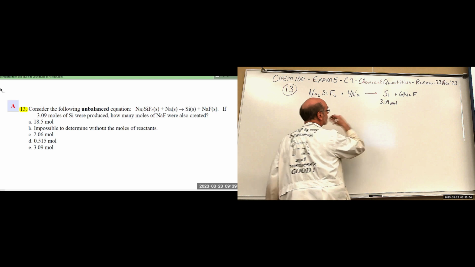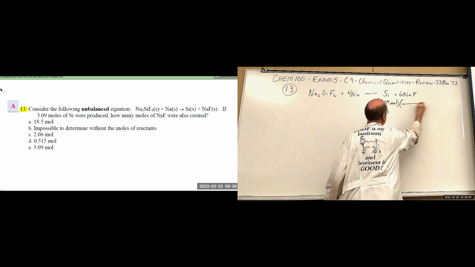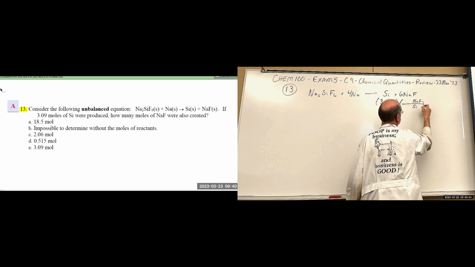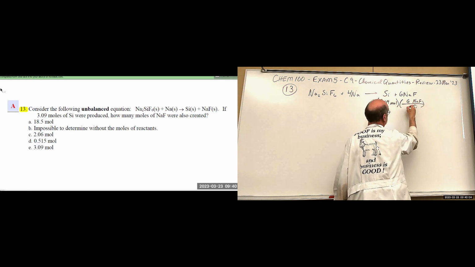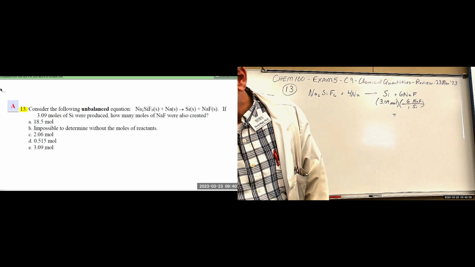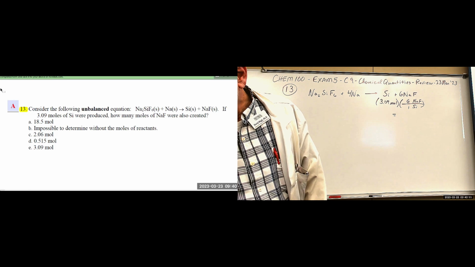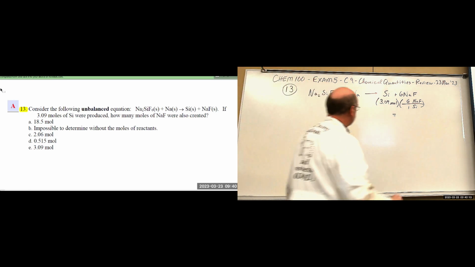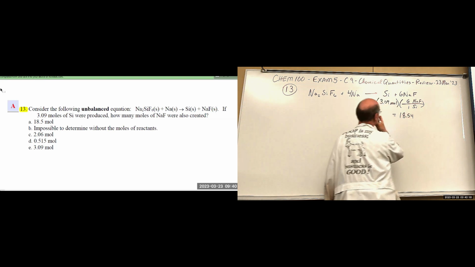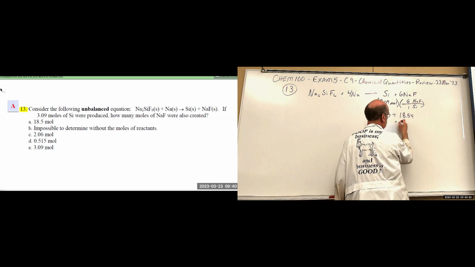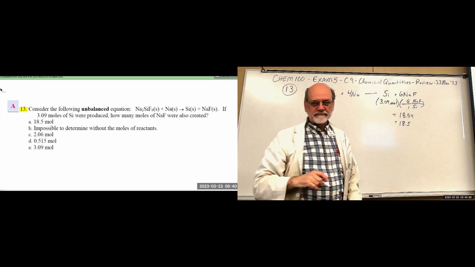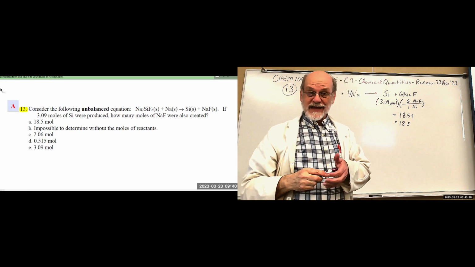So all we have to do here is convert silicon to sodium fluoride, and the ratio is 6 here and 1 there. So 6 times 3.09 is 18.54. Well, 3 significant figures. We have to round it off. There we go. 18.5. That's why A is the answer.